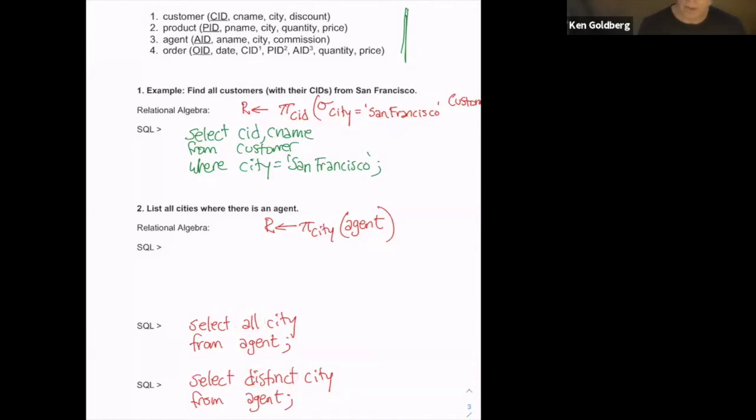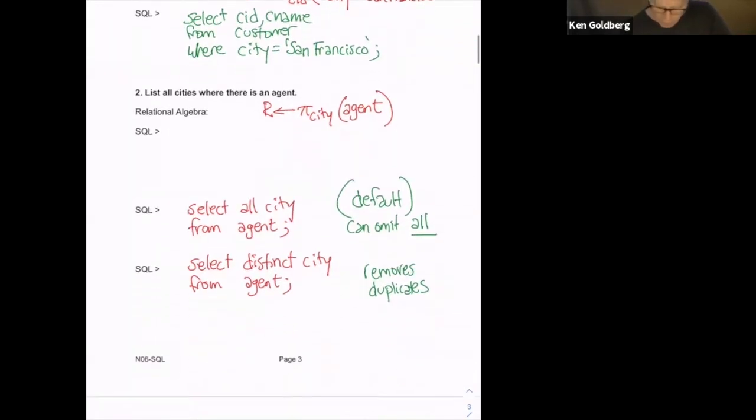All is the default, which means you can omit the all keyword, and you'll get multiple duplicates of the city. Here, distinct removes duplicates. Okay, so we're all caught up. Any questions? All right, let's go on.